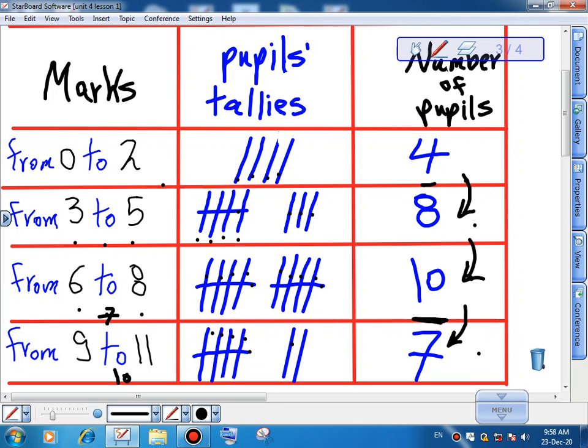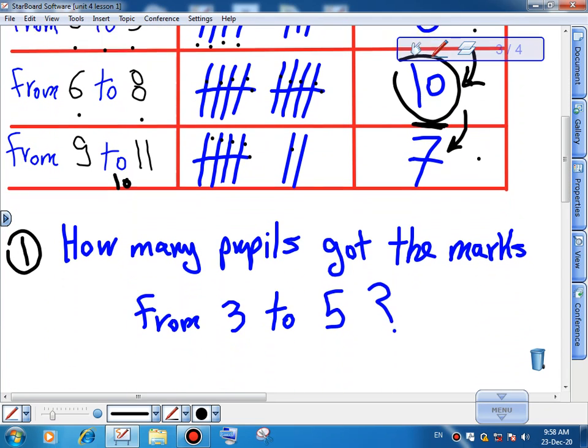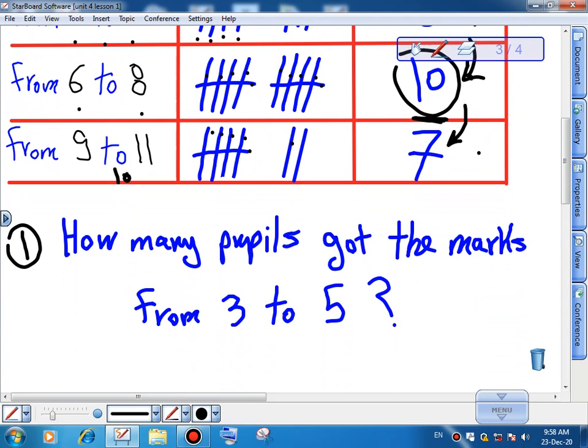If I asked you how many pupils got the marks from 6 to 8, I need the number of pupils that get a mark from 6 to 8, which is 10. There is only 10 pupils that get marks from 6 to 8. So, the first question, how many pupils get the marks from 3 to 5?